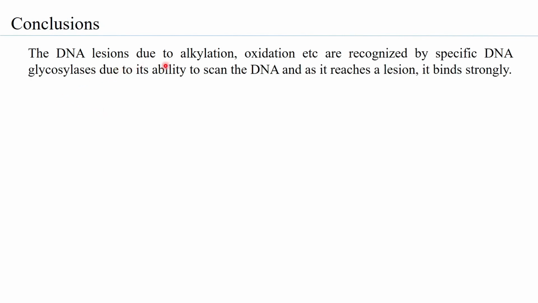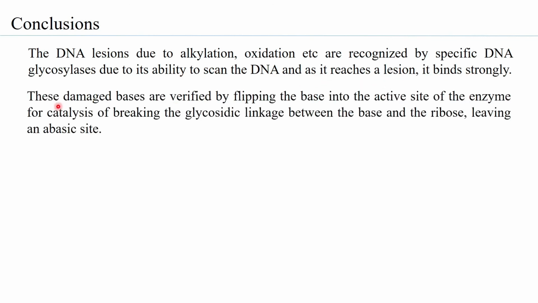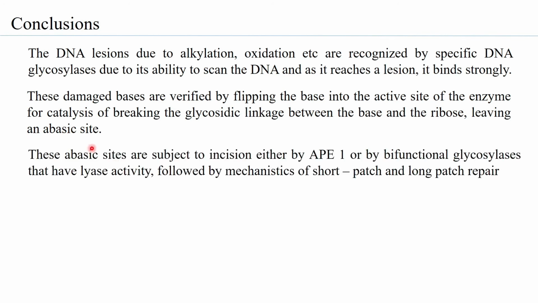The DNA lesions due to alkylation, oxidation, etc. are recognized by specific DNA glycosylases due to their ability to scan the DNA, and as one reaches a lesion, it binds strongly. These damaged bases are verified by flipping the base into the active site of the enzyme for catalysis of breaking the glycosidic linkage between the base and the ribose, leaving an abasic site.